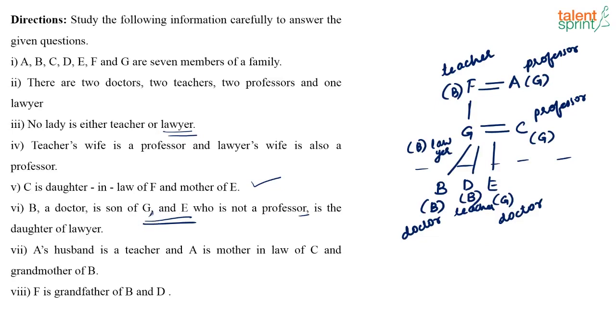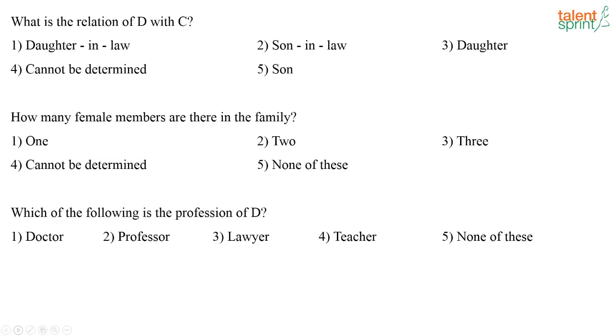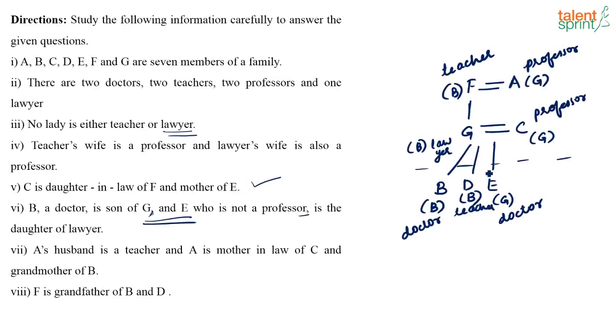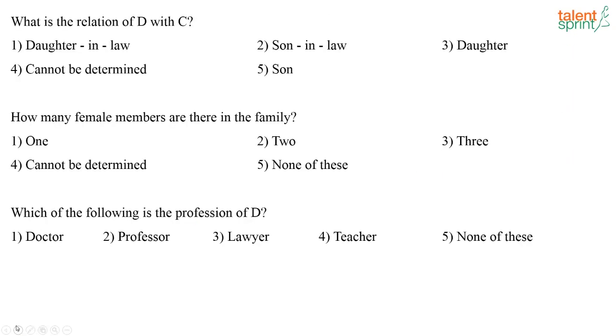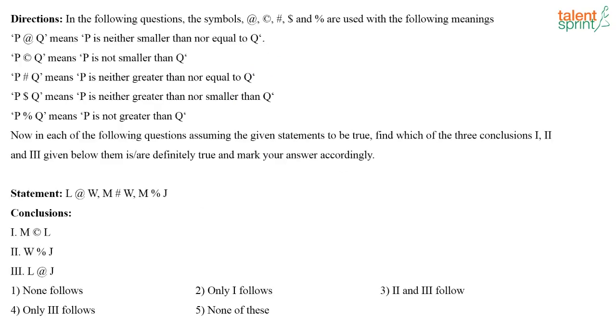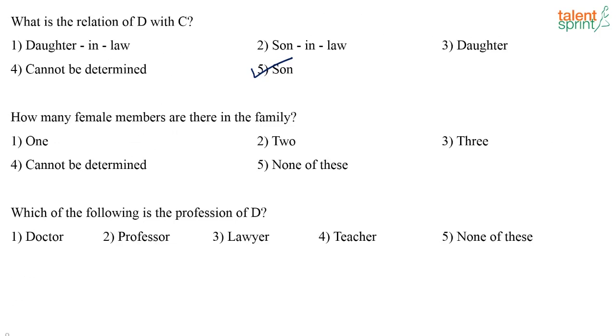Okay, let us look at the questions that follow. What is the first question? What is the relation of D with C? D is the son of C. So the correct answer will be option 5, son. How many female members are there in the family?